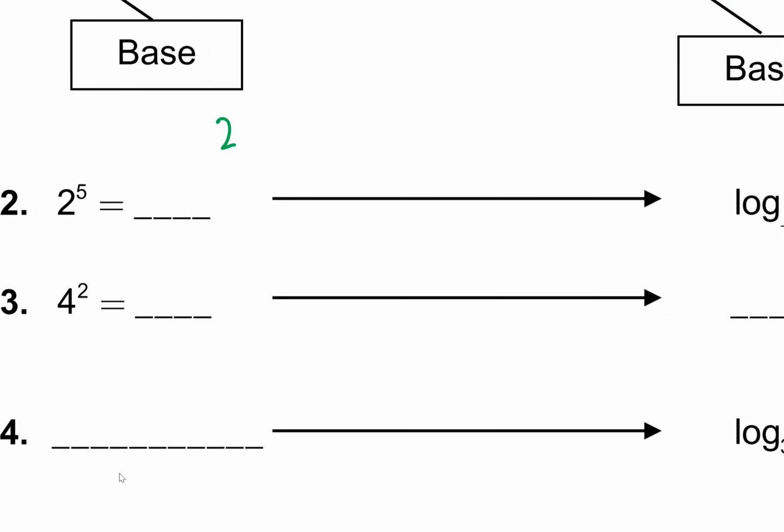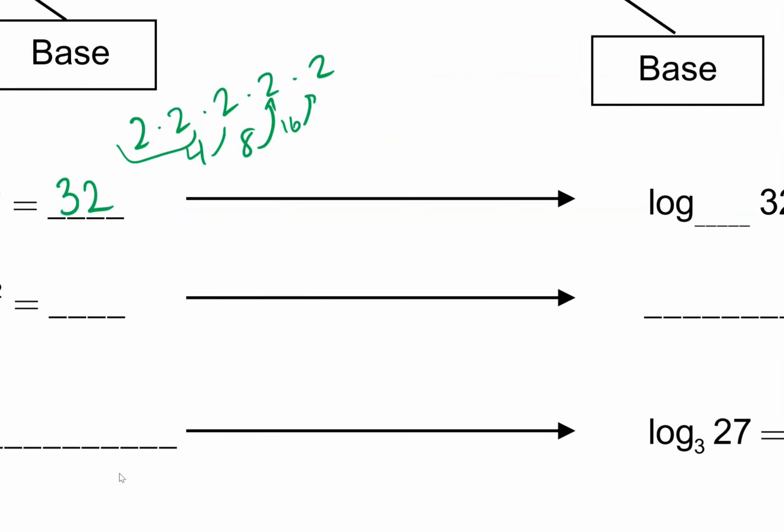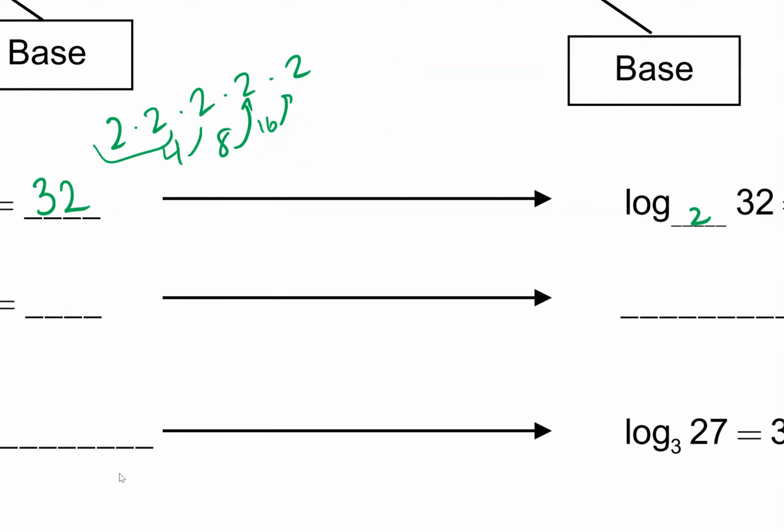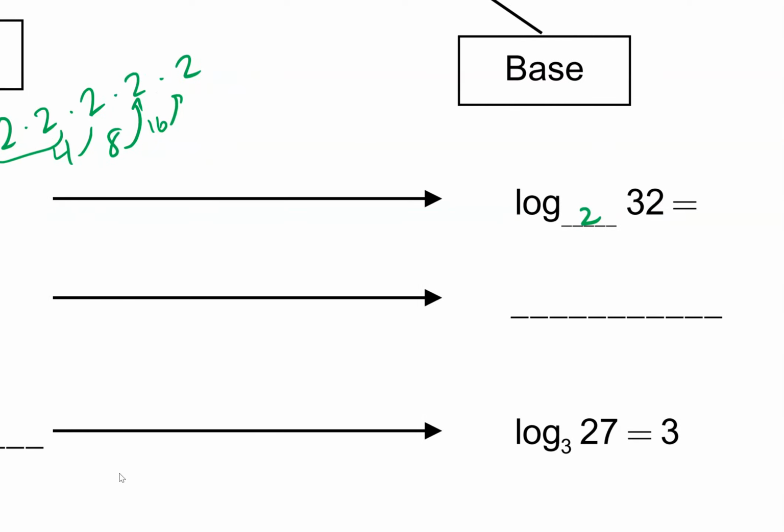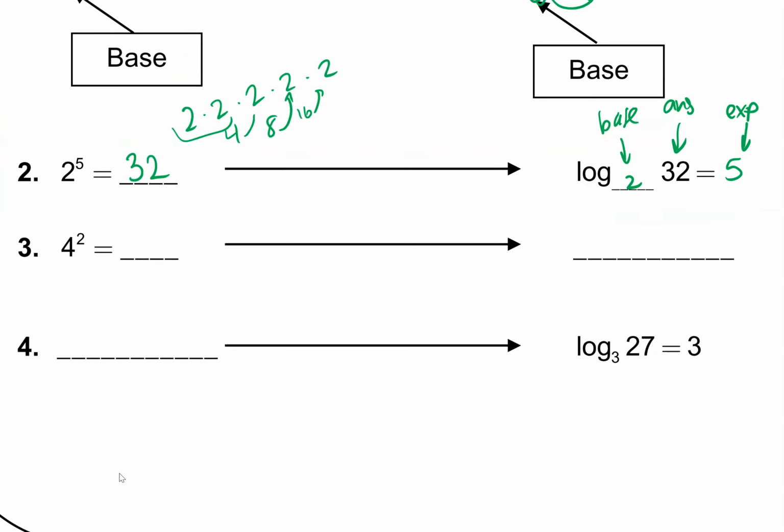You have 2 times 2 times 2 times 2 times 2, 5 times. 2 times 2 is 4, times 2 is 8, times 2 is 16, times 2 is 32. So this means log base 2 of 32 is 5, because your base goes in this hole, then the exponent, and then the answer. So it always goes base, answer, exponent.